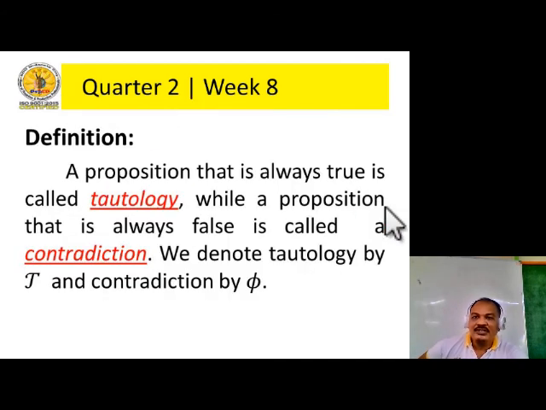A proposition that is always true is called a tautology, while a proposition that is always false is called a contradiction. Then we denote the tautology by the symbol tau, and contradiction is like a null set symbol.